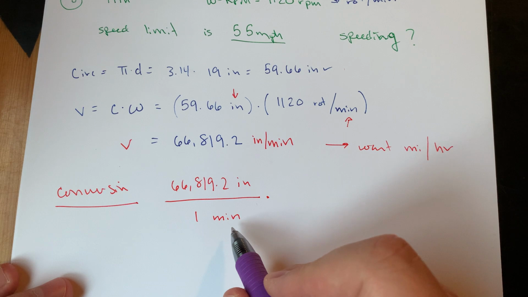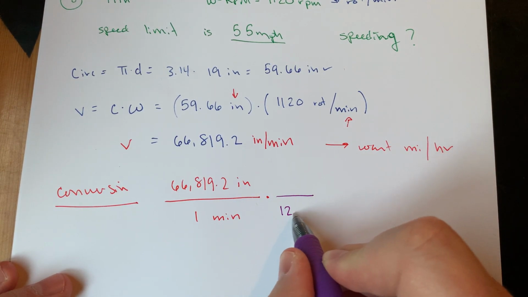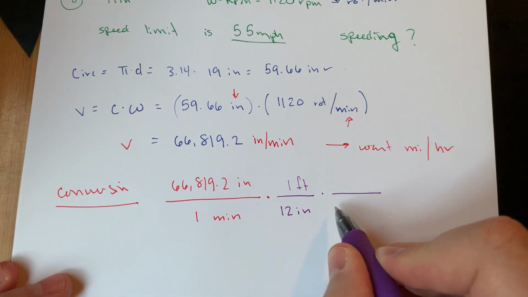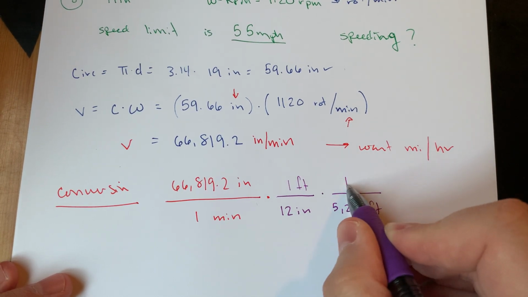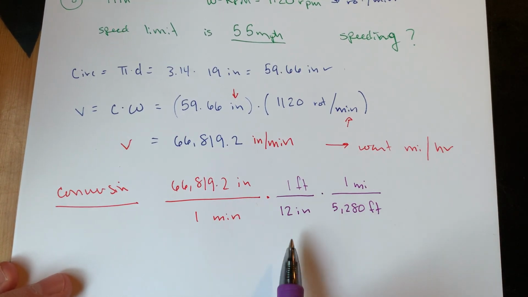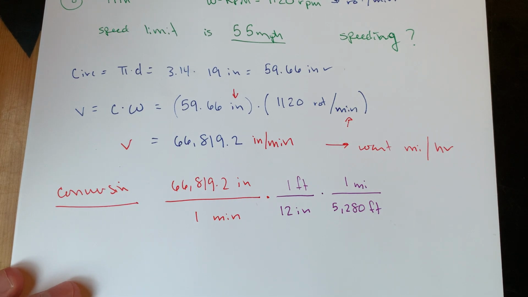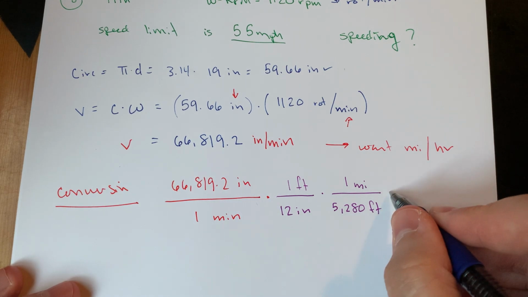We want to go inches to miles, right? So I need 12 inches for every 1 foot. I need 5,280 feet for every mile, right? So that would be a divide by 12 and a divide by 5,280. That would get me from inches to miles.